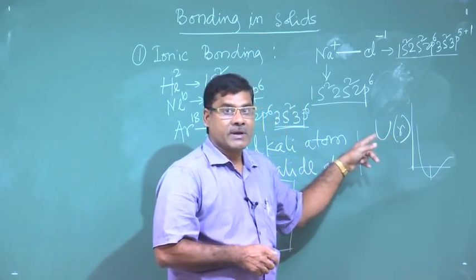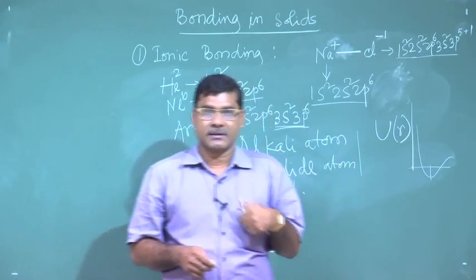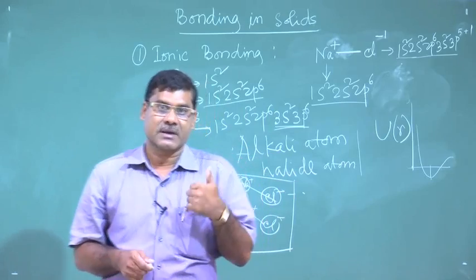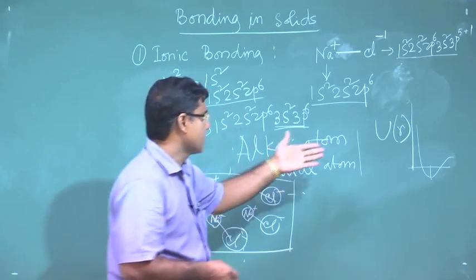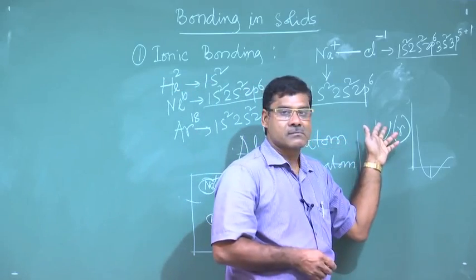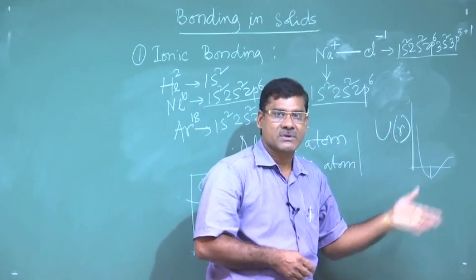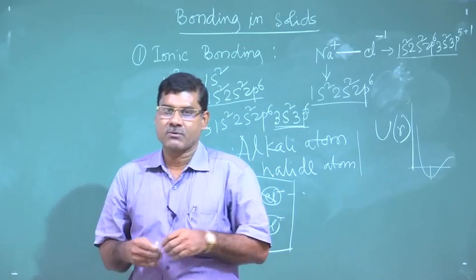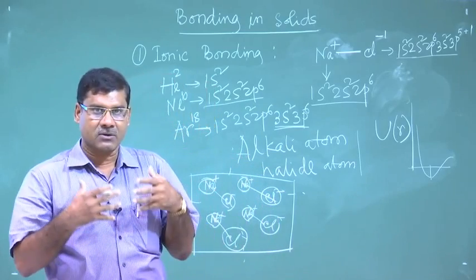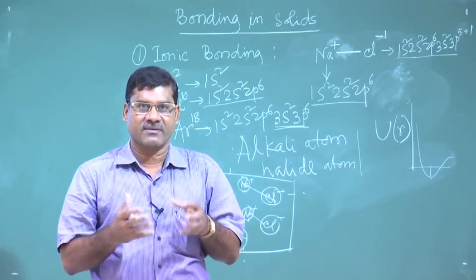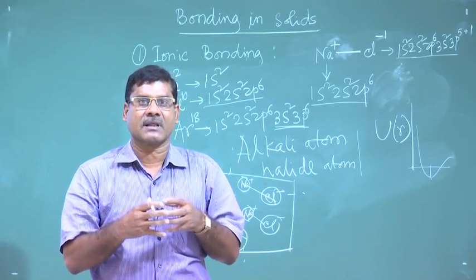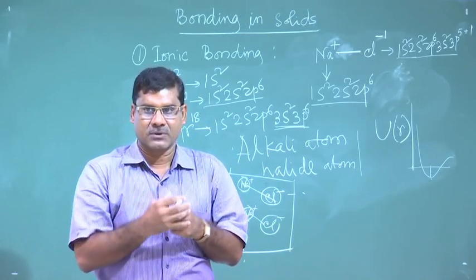During the calculation of this potential energy, you remember I told you about the relation between potential energy and force that we have seen. Due to electrostatic force there are two types, one repulsive force and one attractive force.